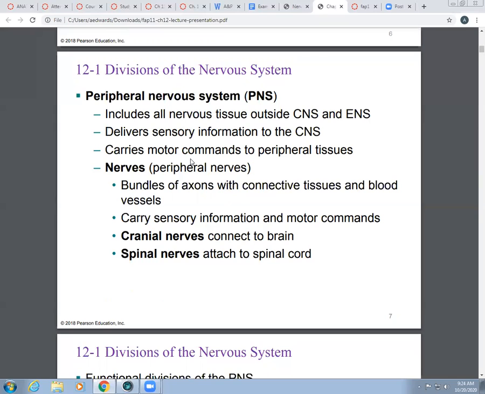Peripheral nerves are just bundles of axons, and we'll talk about the structure of a neuron a little later. They also include connective tissue and blood vessels. Nerves can carry both sensory information and motor commands, so they can receive sensory information and send signals.